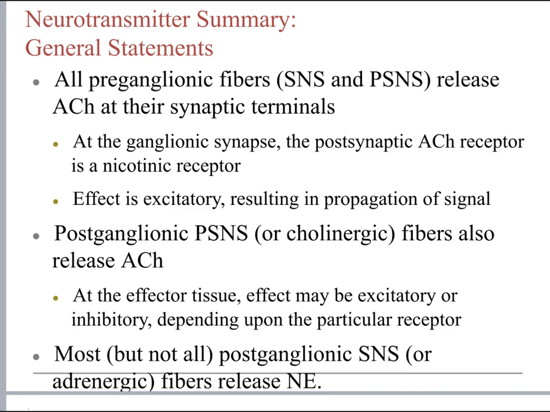At the effector tissue, it could be either excitatory or inhibitory, depending on the particular receptor. Ultimately, most but not all postganglionic sympathetic nervous system or adrenergic fibers release norepinephrine. There are some circumstances where they will release nitric oxide, but most will release norepinephrine.